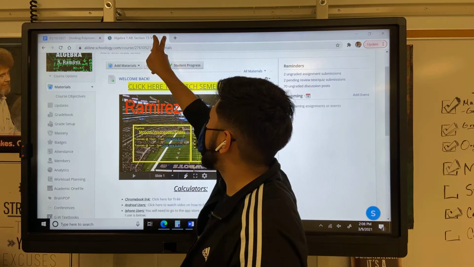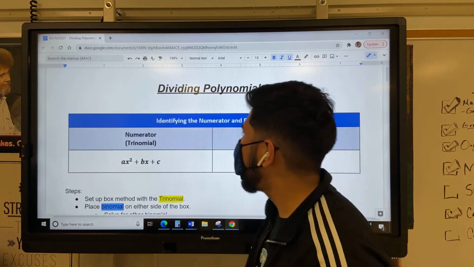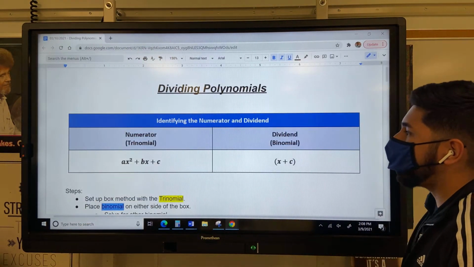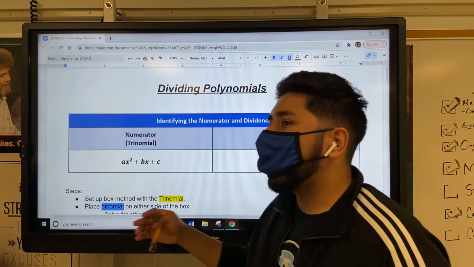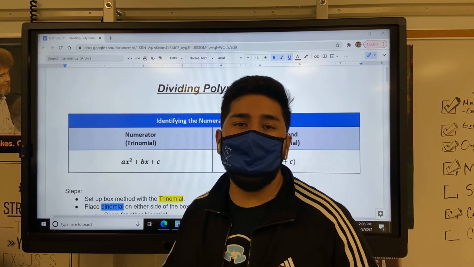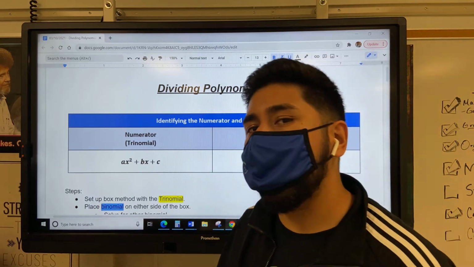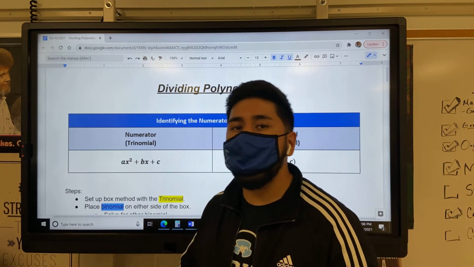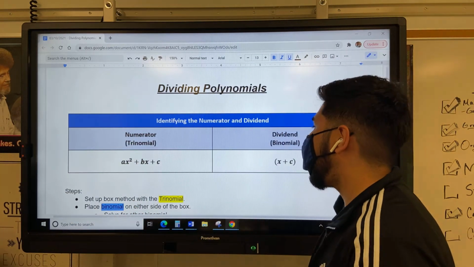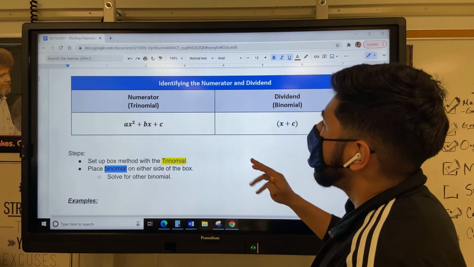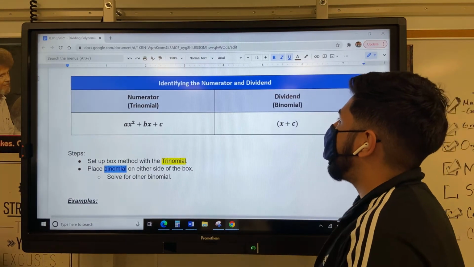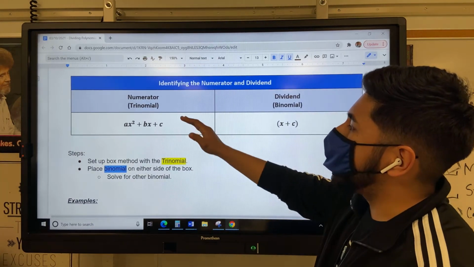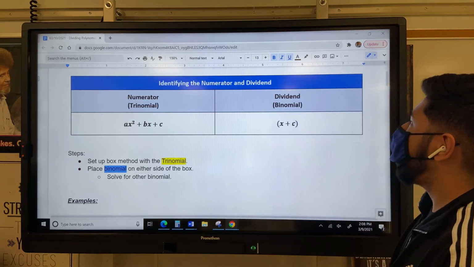But let's make sure we know what's up. Sticking to today is dividing polynomials. This topic can be extremely difficult, but I'm going to make sure you all get a nice idea of it. It won't be super complicated. I hope not. So here we need to make sure we identify the numerator dividend, which is usually a trinomial or something bigger.